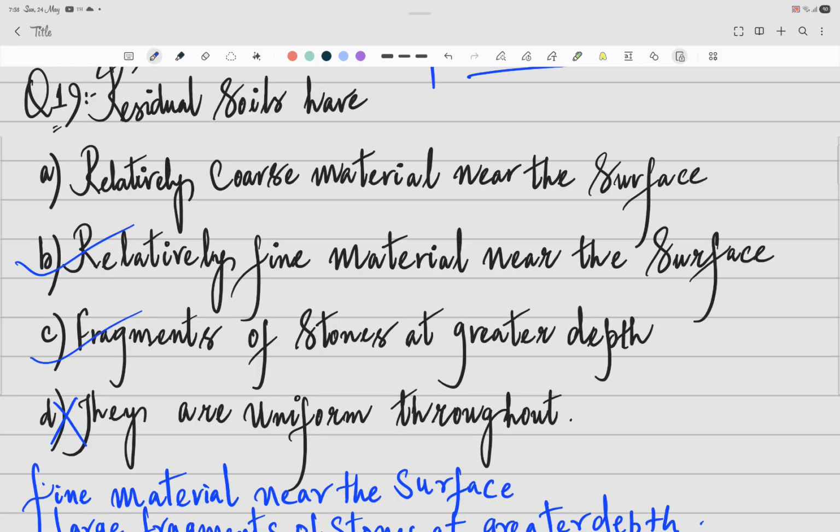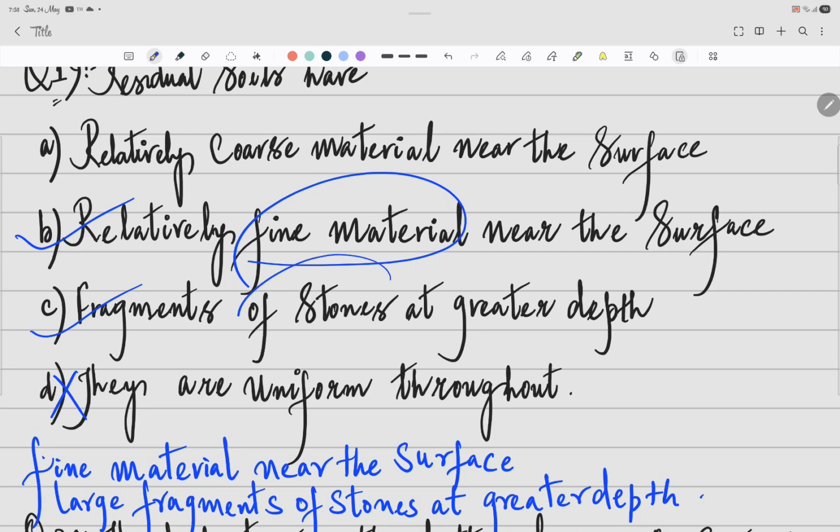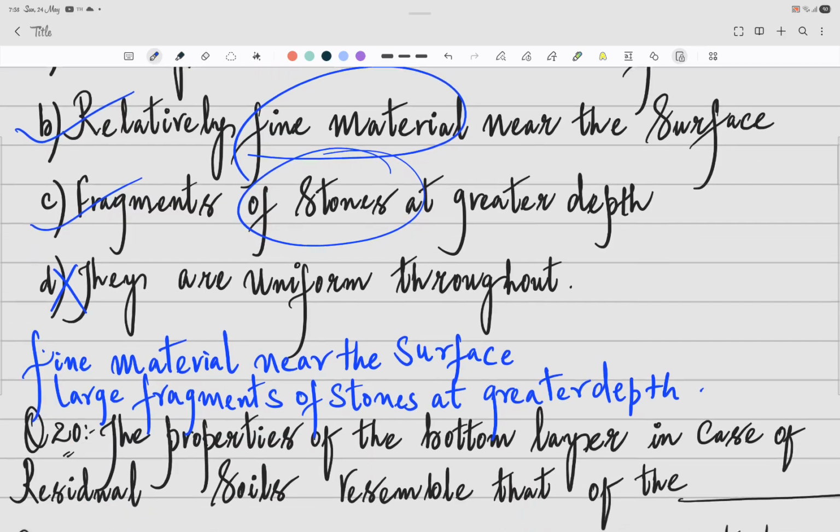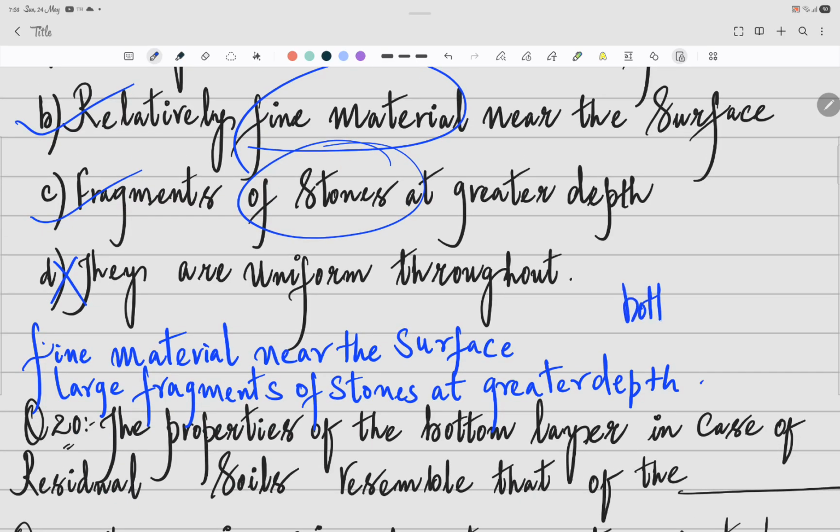They have gradual transition from relatively fine material near the surface to large fragments of stones at greater depth. The properties of the bottom layer largely resemble the properties of the parent rock from which these soils are formed.